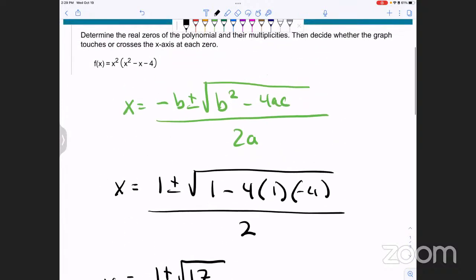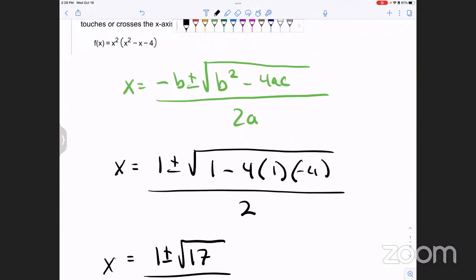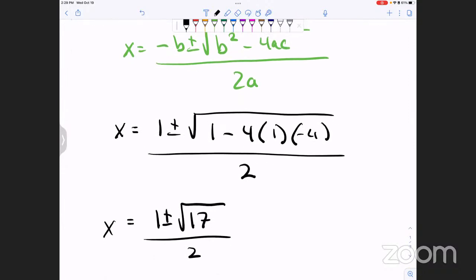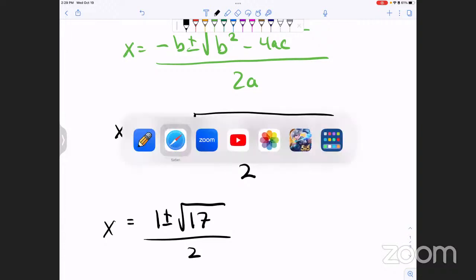So the zeros we get from that trinomial factor are 1 plus or minus the square root of 17, over 2. Now I think we have what we need to go back and answer the question.